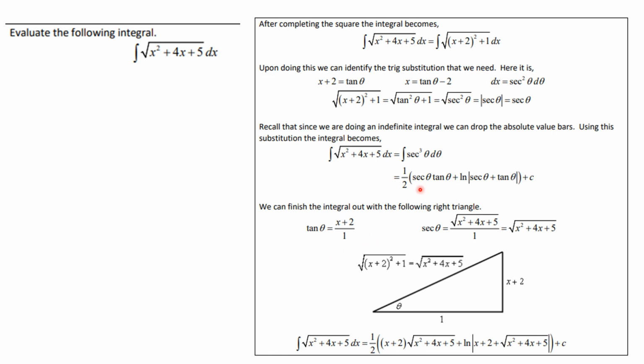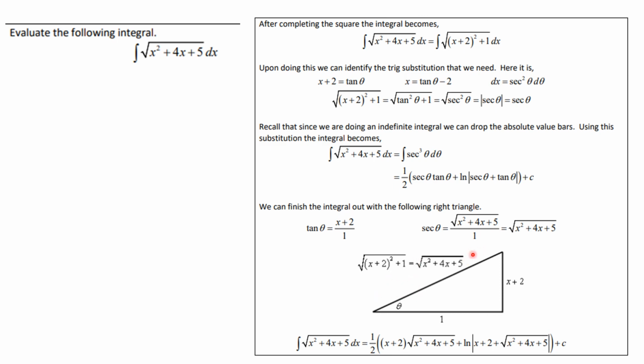Now we said that x plus 2 is tangent of theta, and this is an indefinite integral, so we actually have a triangle again. So the tangent of theta is equal to x plus 2. So here is theta, and the tangent is the opposite over the adjacent, so x plus 2 over 1 is tangent theta, and we can use the Pythagorean theorem to get that this side is the square root of (x plus 2) whole squared plus 1 squared.